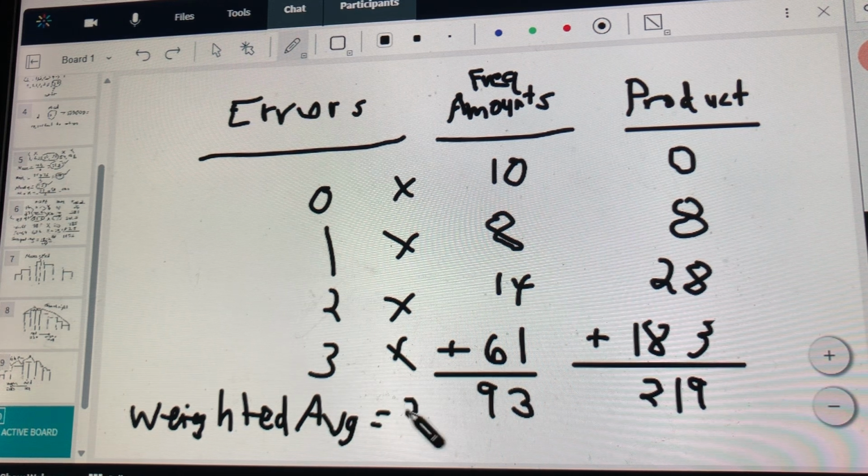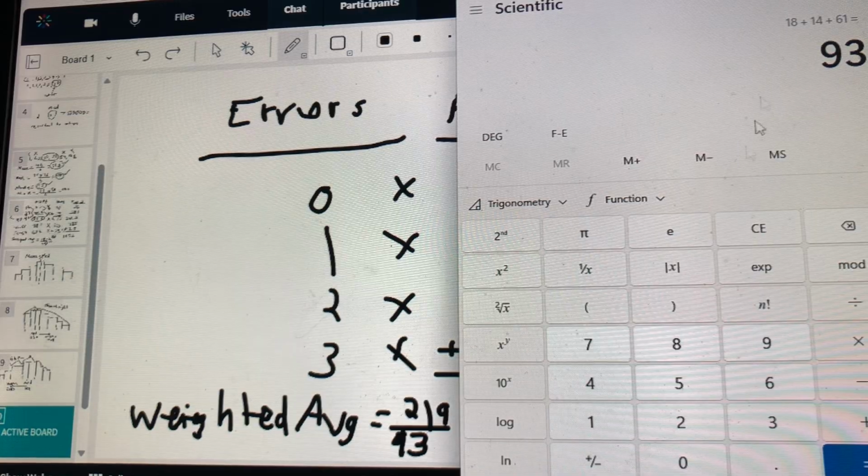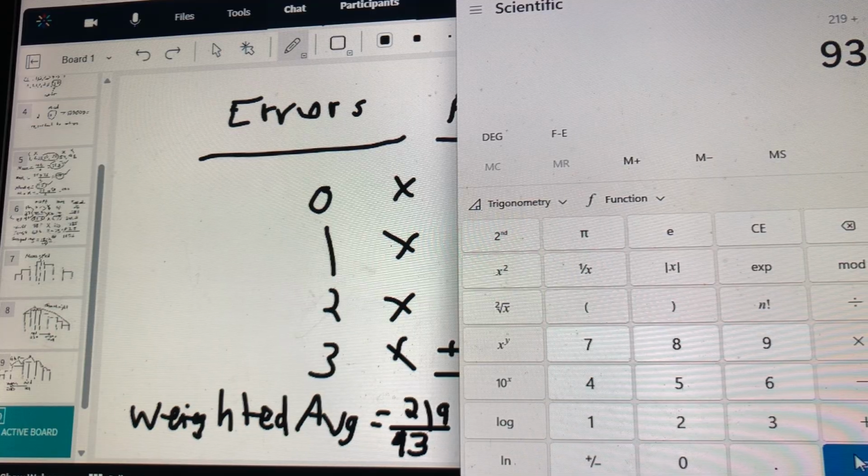And if you do 219 divided by 93, that would be similar to having 93 answers, adding them all up, and they add up to 219 and dividing by 93. You're still kind of doing an average where you add them all up and divide by how many there are. You're just getting the sum a lot more easily than literally adding 93 things together.